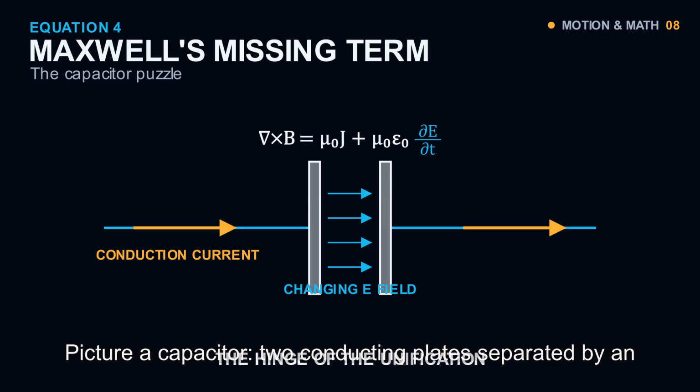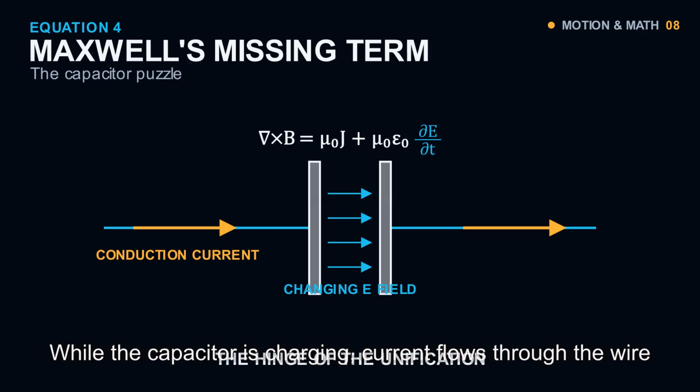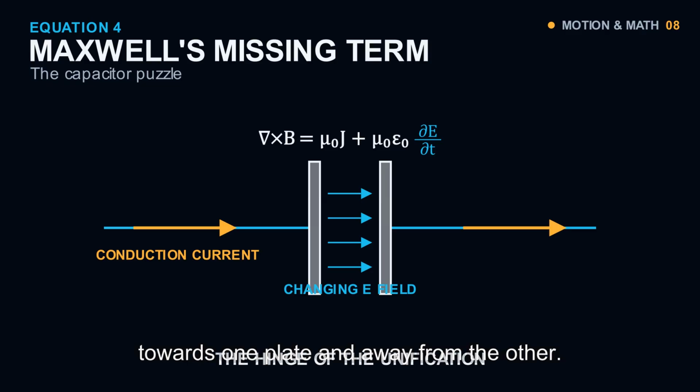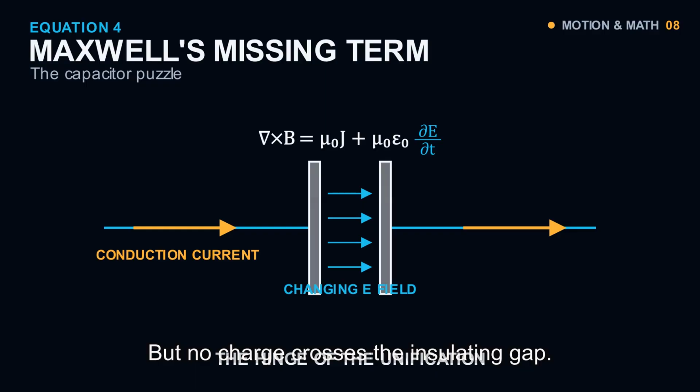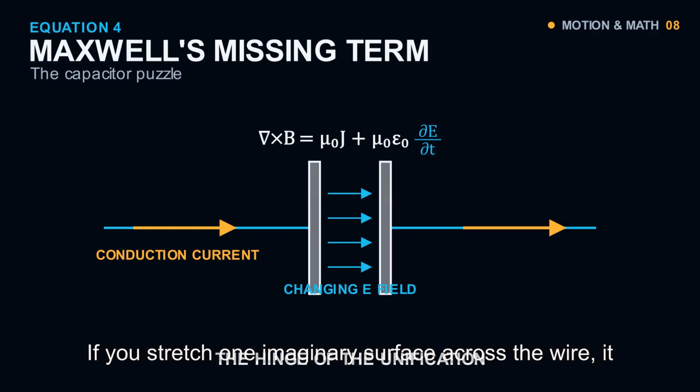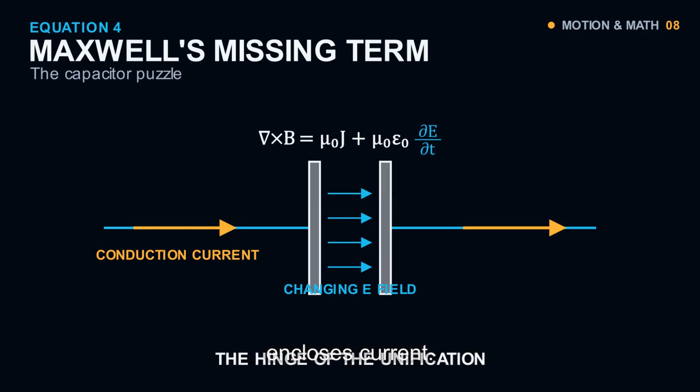Picture a capacitor, two conducting plates separated by an insulating gap. While the capacitor is charging, current flows through the wire towards one plate and away from the other. Around the wire, Ampère's law predicts a magnetic field. But no charge crosses the insulating gap. If you stretch one imaginary surface across the wire, it encloses current.